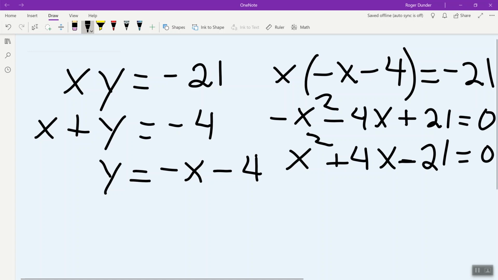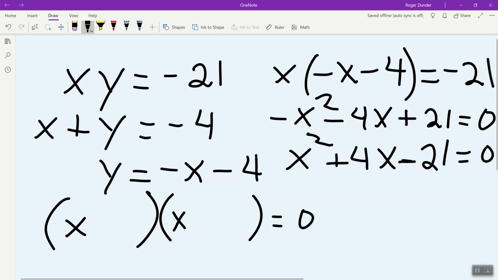And if I factored that, what would we have? We would have x and x. Factors of 21 are 3 and 7, and they're opposite signs.